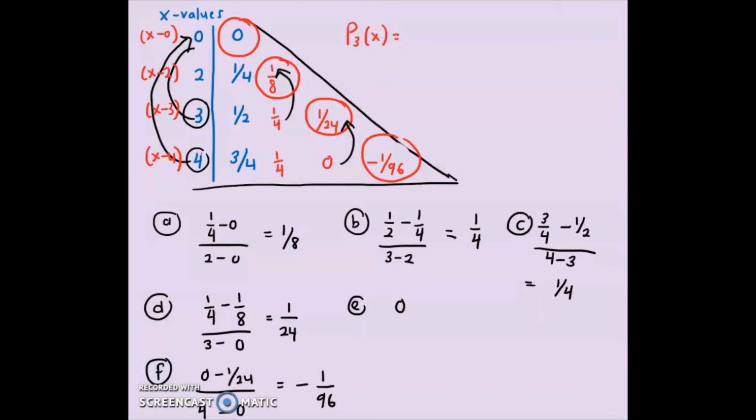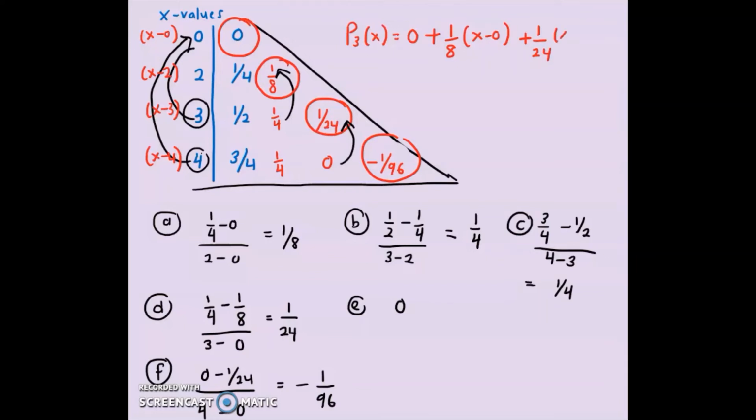P3 is written by considering all this diagonal value multiplied with the x here. So 0 plus 1 over 8, now I have x minus 0, plus 1 over 24, x minus 0, x minus 2.